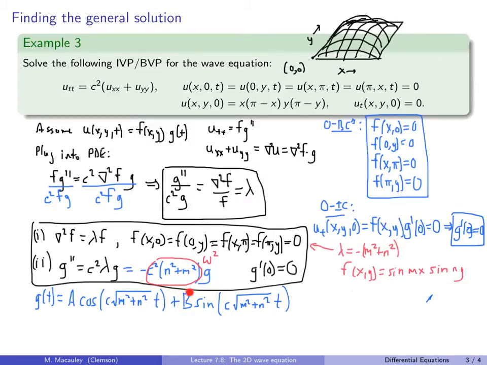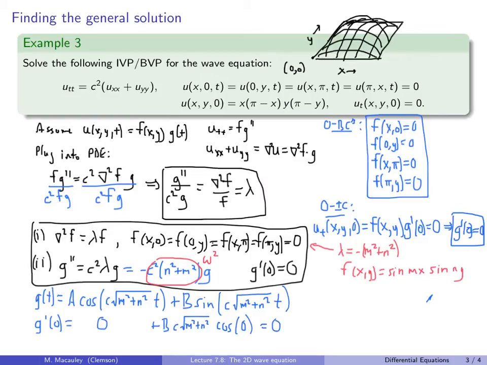Plus b times some constant. Actually, let's do an intermediate step. So g prime of 0 is going to be, I claim, 0 plus b times, so this is going to come out, b times c times m squared plus n squared times cosine of 0 equals 0.